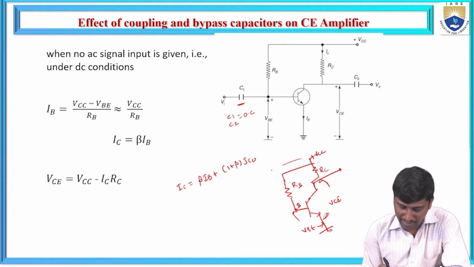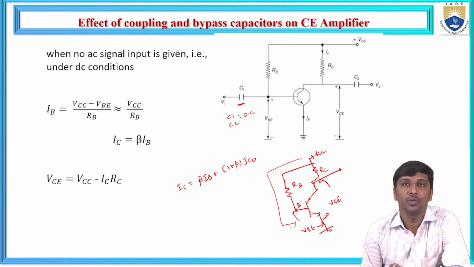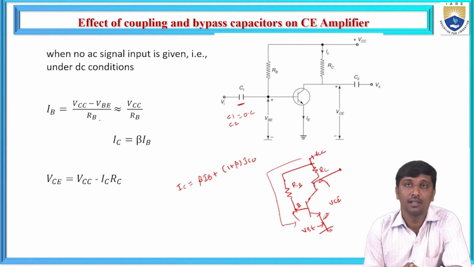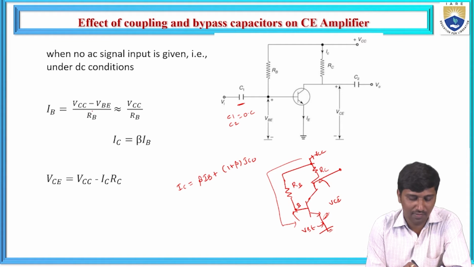So apply KVL at this input loop to identify the base current. Generally it is V by R, where we have two potential nodes: one is VCC, another is VBB. Hence, the difference between these two nodes across this resistance RB is VCC minus VBE. Hence, VCC minus VBE by RB.